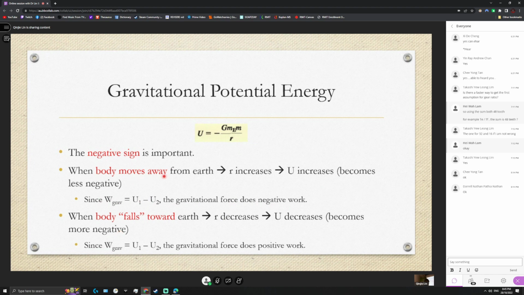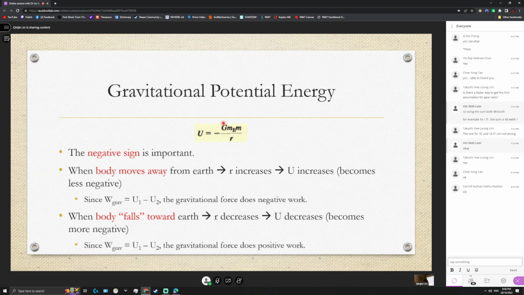Then the opposite is also true. When you fall towards the Earth, when you fall down from somewhere, your height decreases, right? So your R decreases. This whole term on the right without the negative sign, when R becomes smaller, becomes bigger, right? That means it becomes more negative.